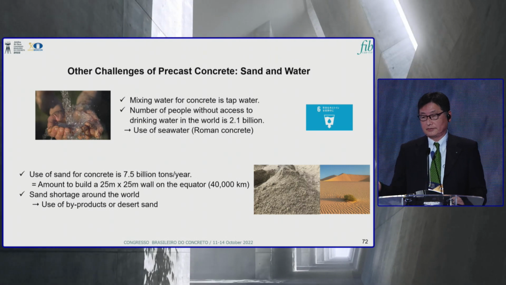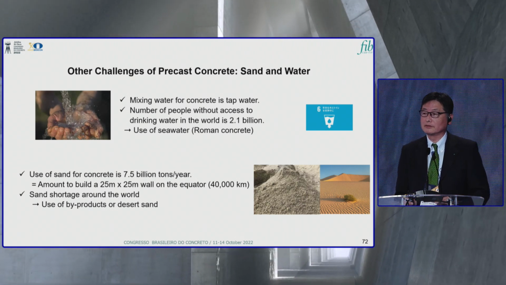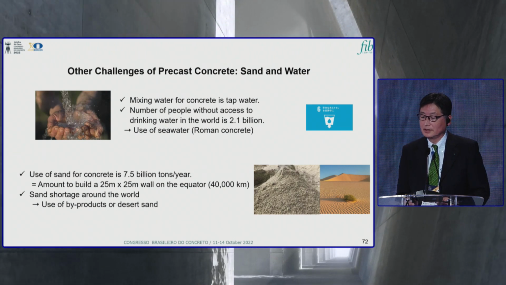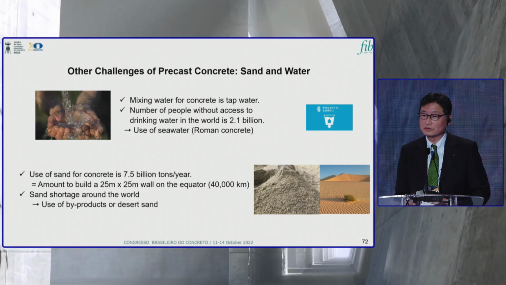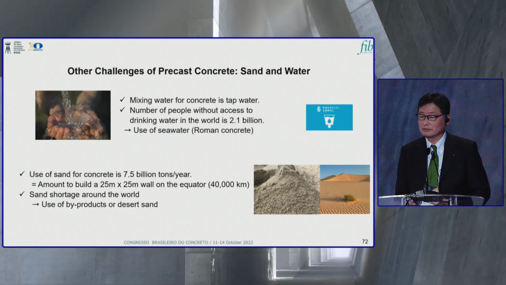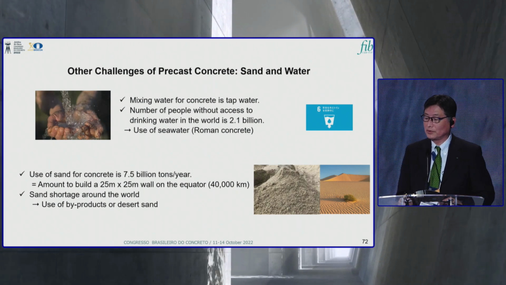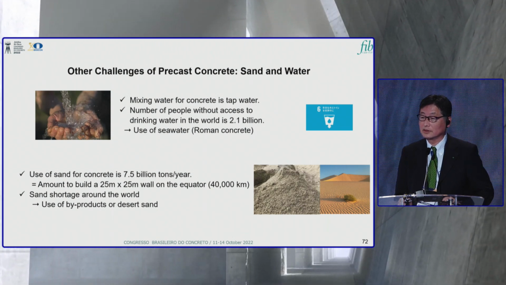Okay, another thing, lastly, water and sand. Water, Professor Getsu mentioned a little bit. And in Japan, we use tap water in the mixing of the concrete. So you can imagine in the world, about 2 billion people cannot reach drinkable water.